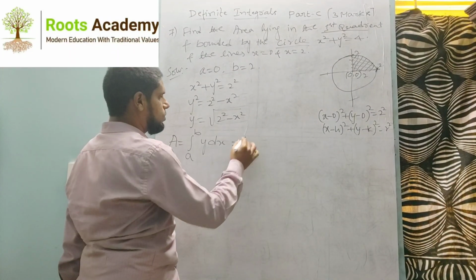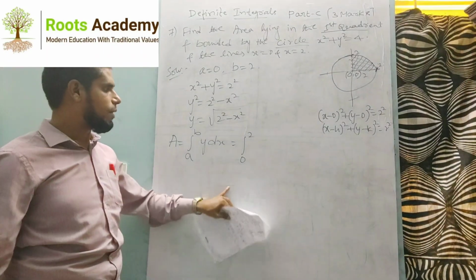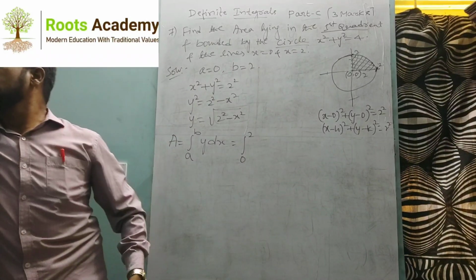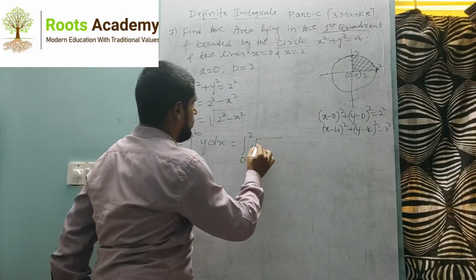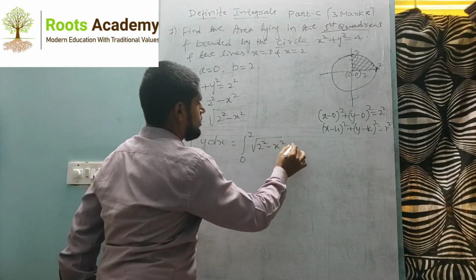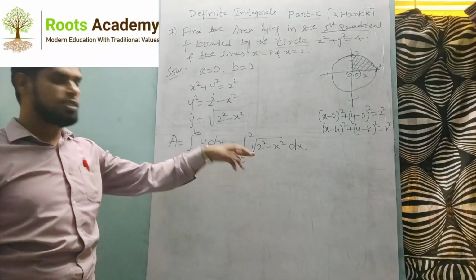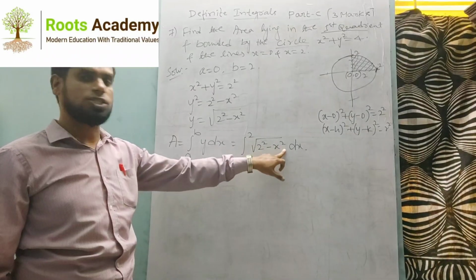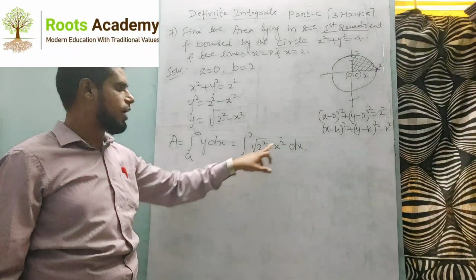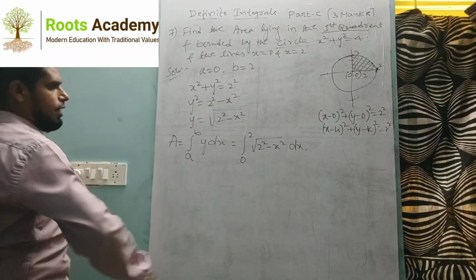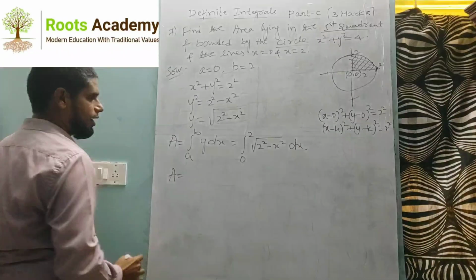So now this is equals to integral 0 to 2, lower limit is 0, upper limit is 2, of root of 2 square minus x square dx. Again it is in the form of root of a square minus x square, where a is 2 and x is x. In the ellipse also we got the same formula, so I will directly write the values.